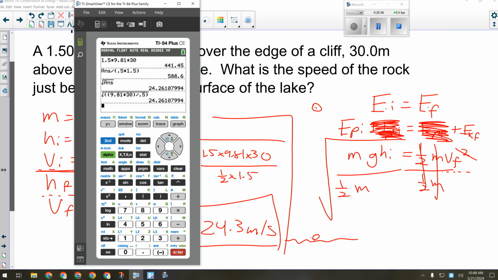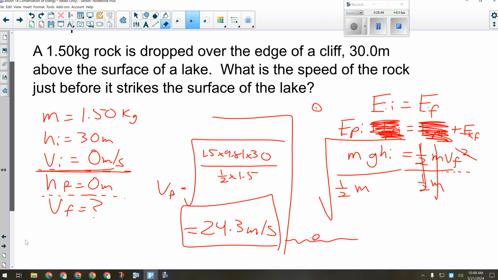Didn't need the mass at all. Everybody all right with that? You can leave the mass in if you want, or take it out. It doesn't make any difference unless they ask, what's the energy? Then I need mass, because obviously a grand piano has more energy than a rock. But if it asks for a speed or a height, you don't need mass for that, because all things are affected by gravity equally.